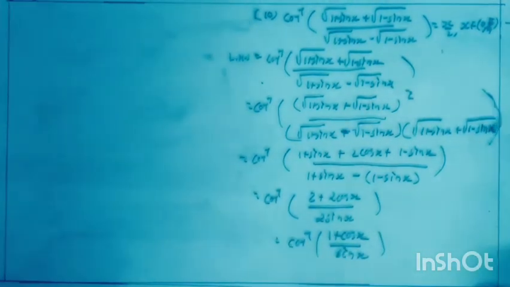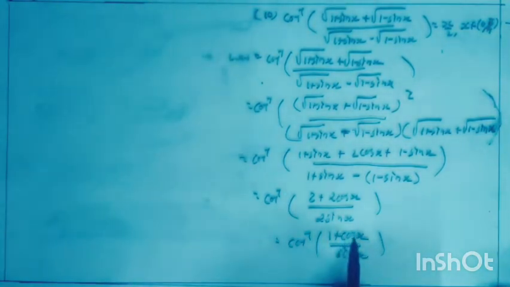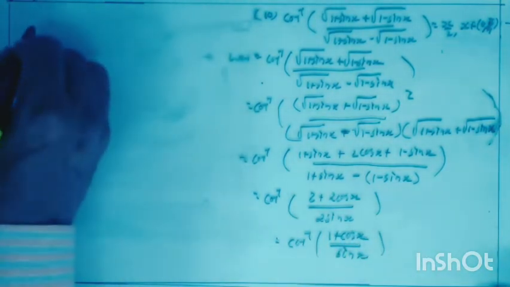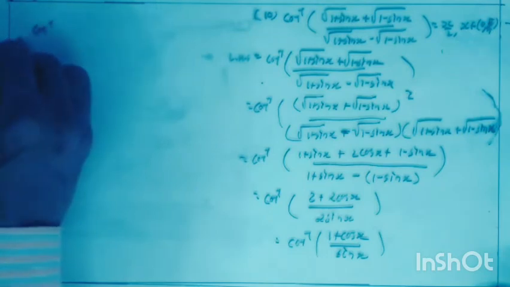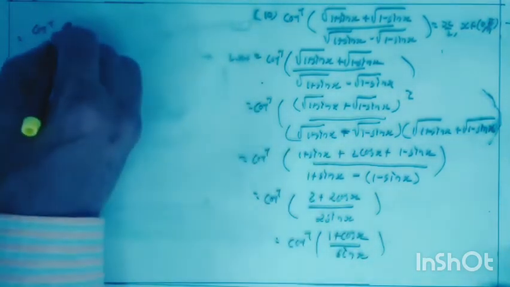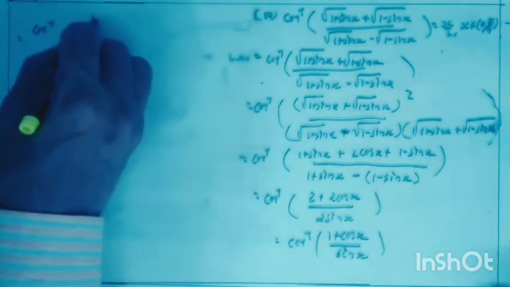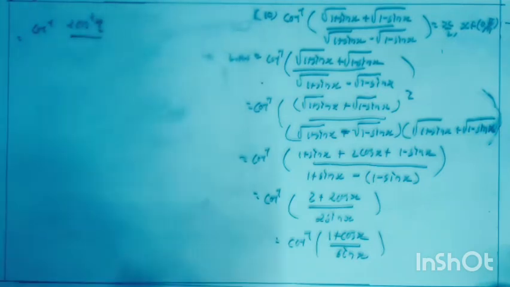Clear? Now here 1 plus cos x is equal to 2 cos square x by 2, by the half angle formula.